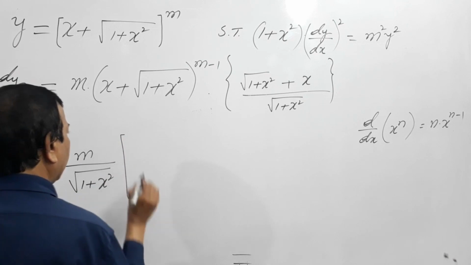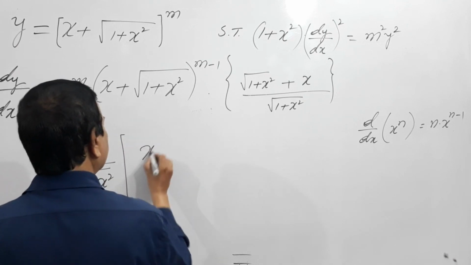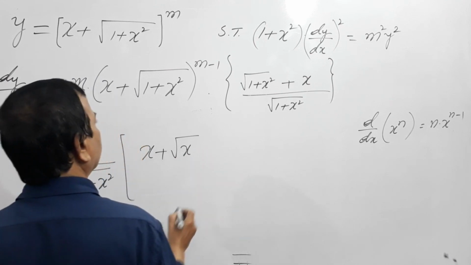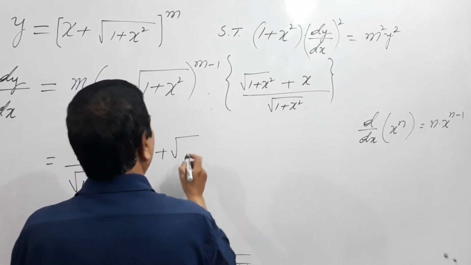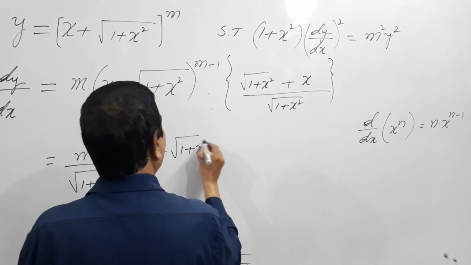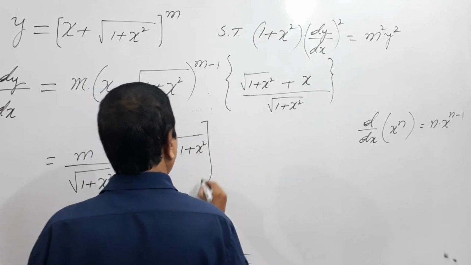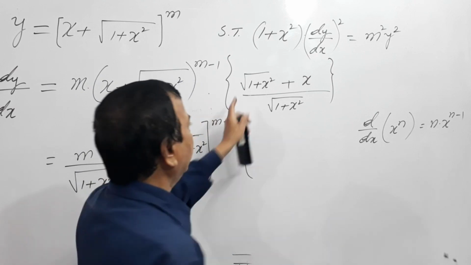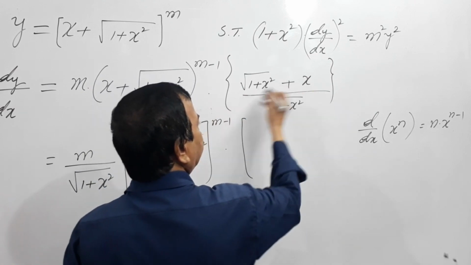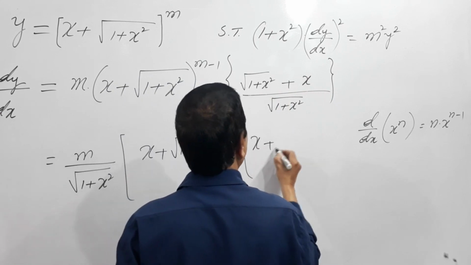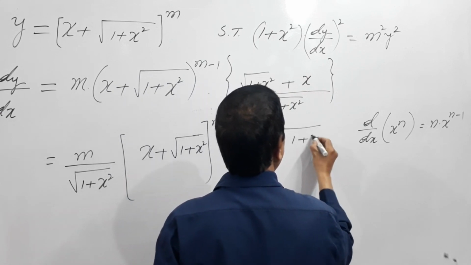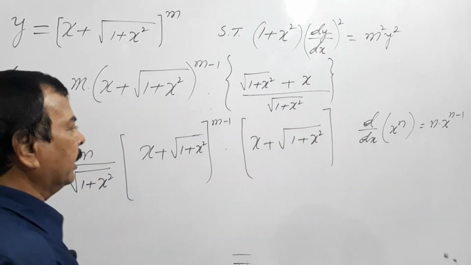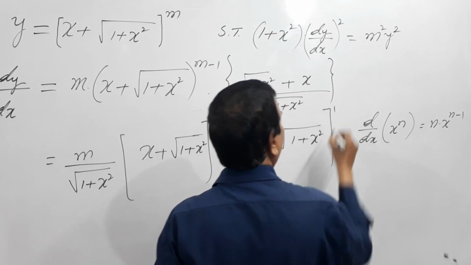And later on I will write this, x plus under the root 1 plus x square, to the power of m minus 1, into, I will rewrite this, I interchange this, I write x plus under the root 1 plus x square. I have removed this and brought it here. So here this is to the power of 1.